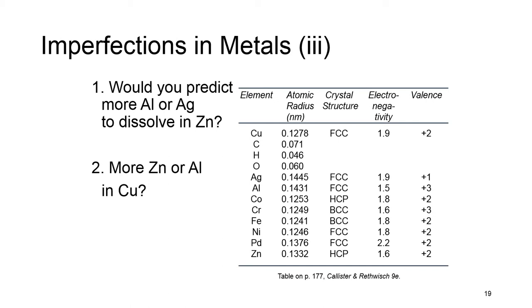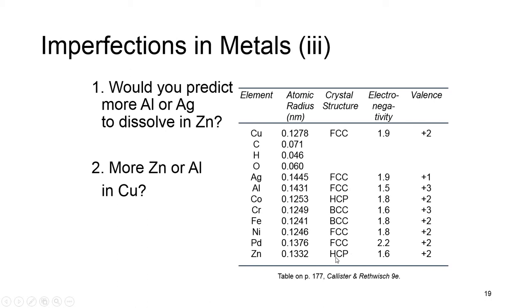Say for example we want to predict which one, aluminium or silver, will dissolve in zinc. So we look at their crystal structure. Aluminium and silver have the same type of crystal structure.